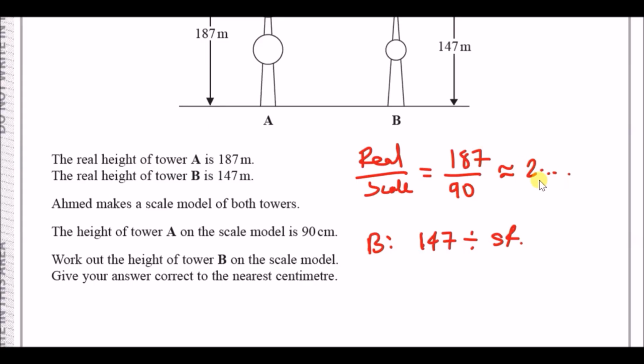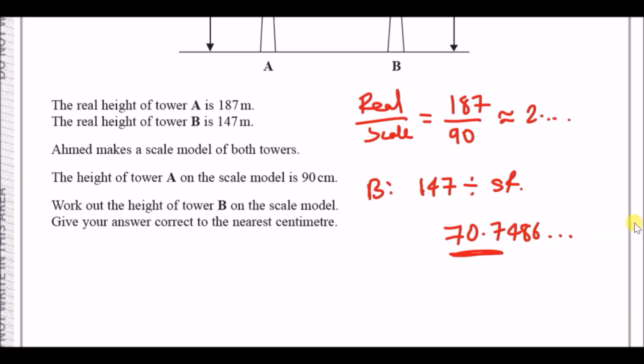You probably notice that you get a really bad answer. So if you're going to divide it, divide by the whole fraction. And if you do that, you get an answer of 70.7486... Now they want our answer correct to the nearest centimeter, so round it up, yeah? So 70.7 rounds up to 71 centimeters. And that's it, guys. That's all you do.